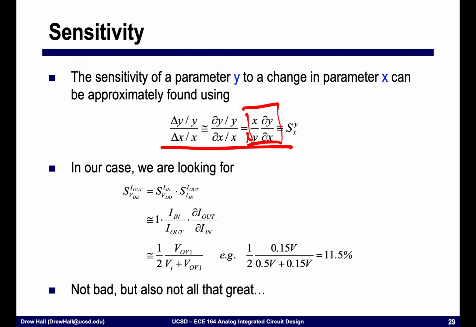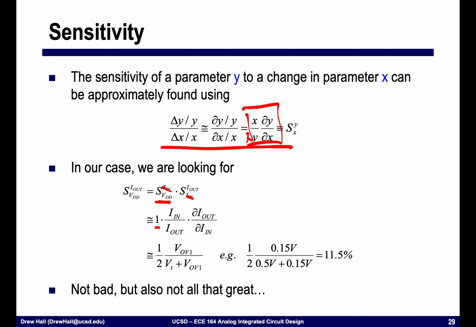And so you can see that when I multiply them together, I'm going to get I out divided by VDD exactly as I want. The nice part is that it's very easy to calculate given that we've already done the first one. We know that the input current with respect to VDD is essentially 1. Okay? That is, if VDD varies by 10%, this current also varies by 10%.